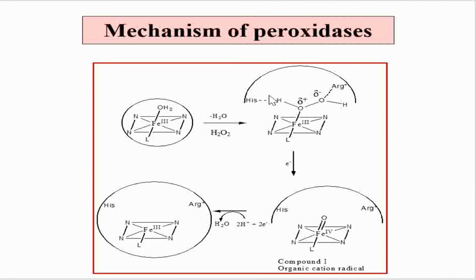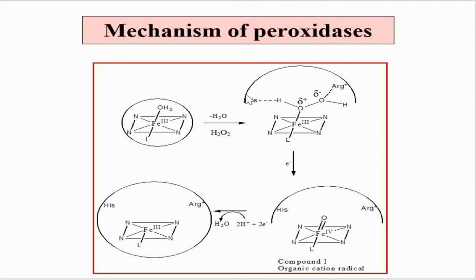The histidine and asparagine perform this kind of role, and the basic imidazole group that is present in this histidine helps in the proton transfer. So this is the proton, so it helps in the proton transfer to the oxygen atom that is departing. So this is the oxygen atom which is departing.